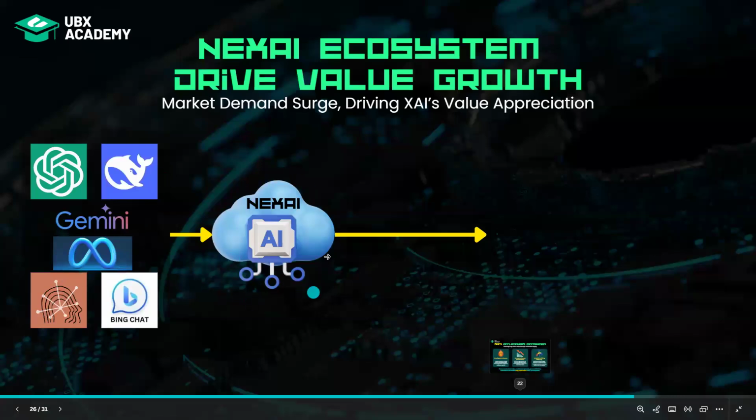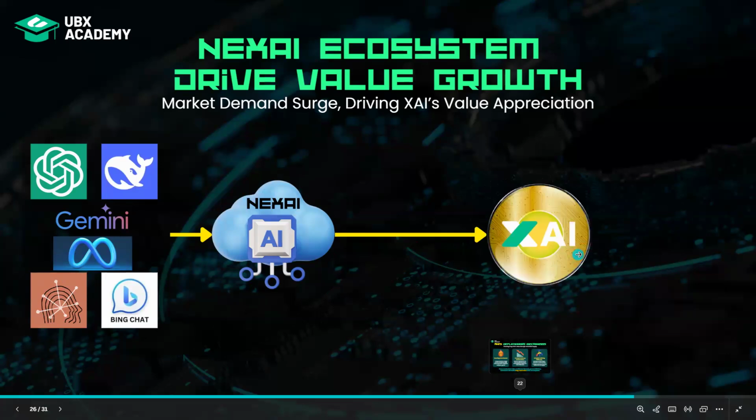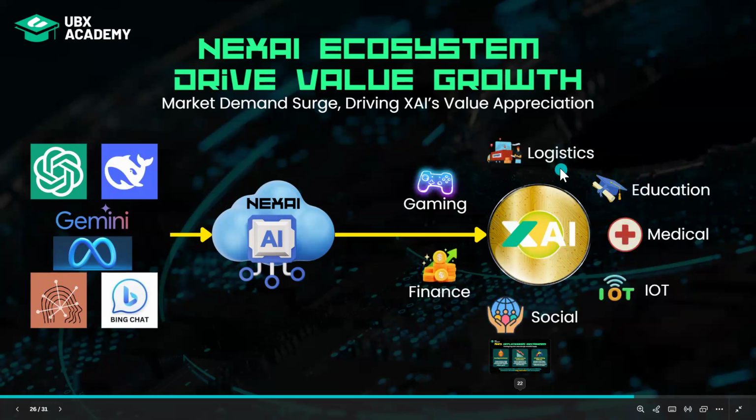So Nexus will gather all this compute power from all the users and community as XAI fuel, and sell to all these industries that need AI compute power for future development. And all these companies will purchase XAI token to pay for the XAI compute power. So it creates great demand in the future.